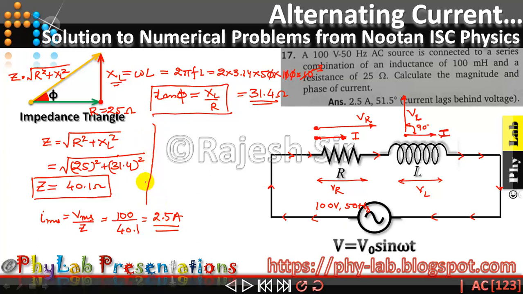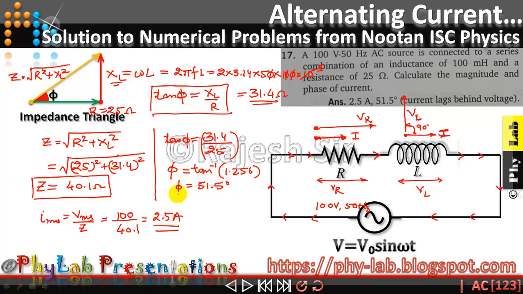Now they want us to also calculate the phase difference or phase angle. Phase angle is given by tan phi, so tan phi equals XL, which is 31.4, upon R, which is 25. Solve it out and you should get phi equals tan inverse of 1.256, which is 51.5 degree.